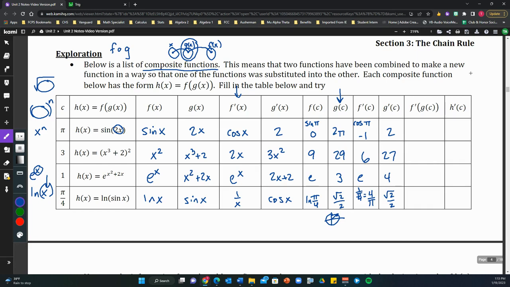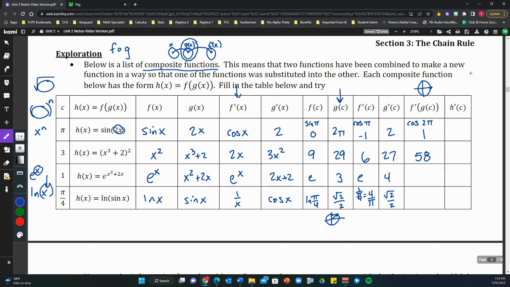So I'm going to take this value, stick it into f prime. So when g of c is 2 pi, I want the cosine of 2 pi, which, remember, on the unit circle, 2 pi would be all the way around. That x-coordinate is 1. Then for the second one, I'm going to take 29 and stick it into 2x. So 2 times 29 is 58.